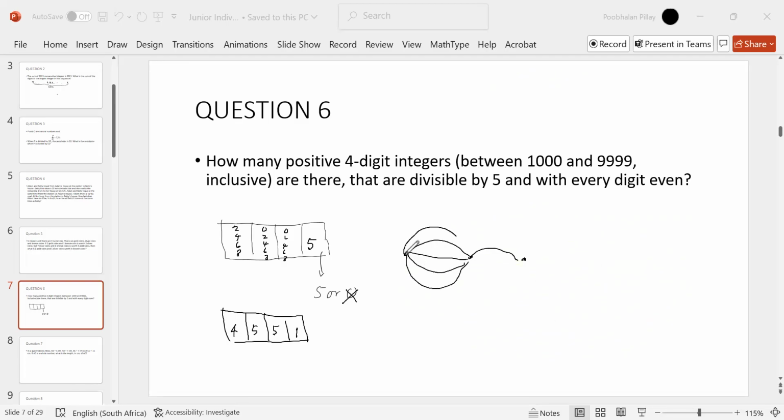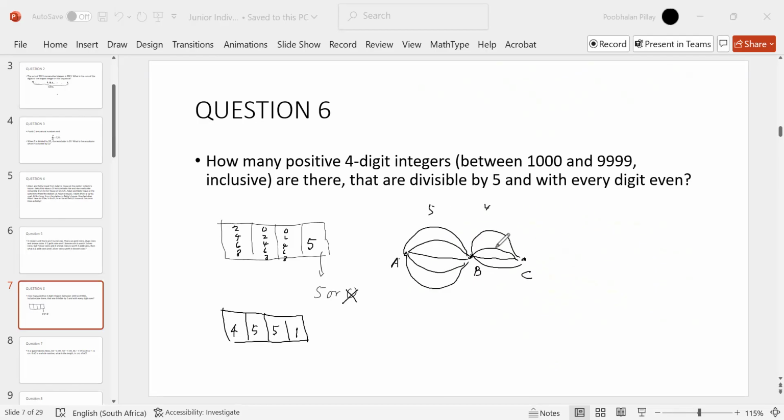5 ways. These dots represent towns, and these pathways represent roads. So you got A, B, and C are towns, and there are 5 roads that go from A to B, and 4 roads that go from B to C. So there are 5 ways of choosing this road, and 4 ways of choosing this road.